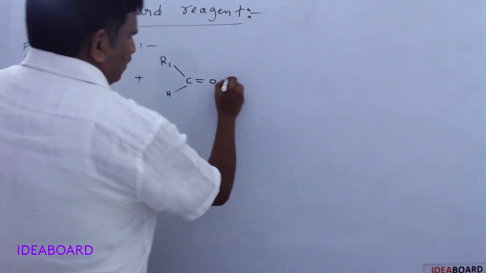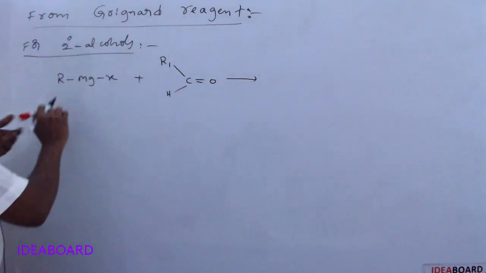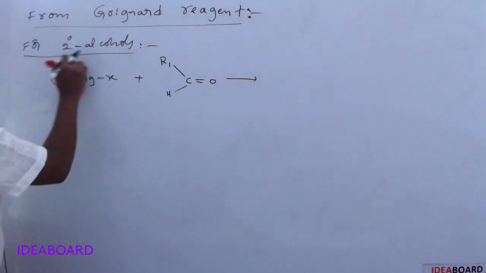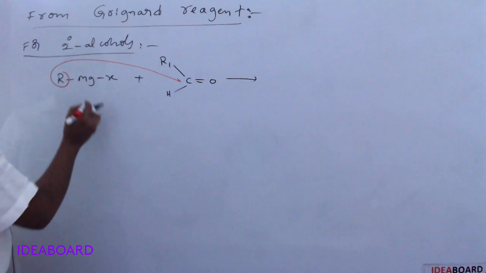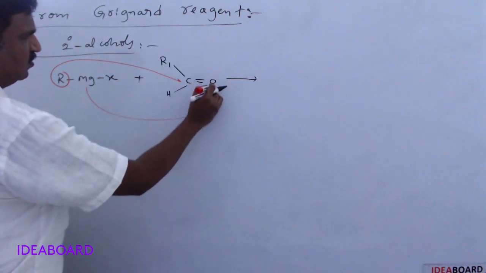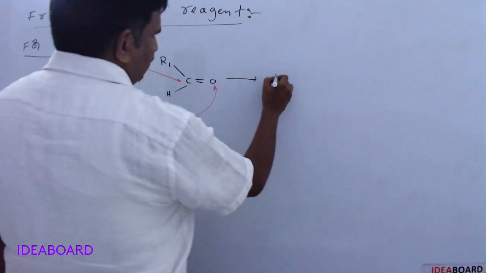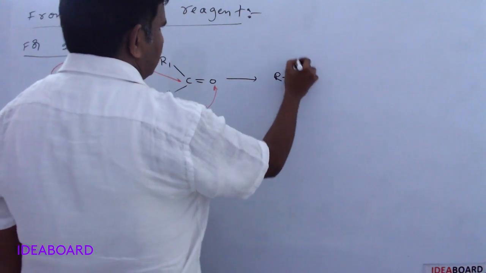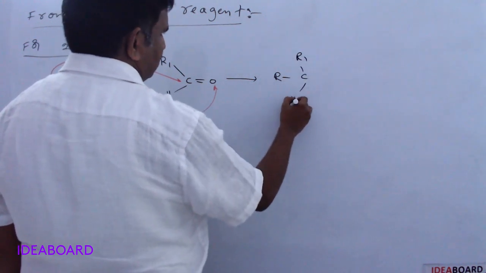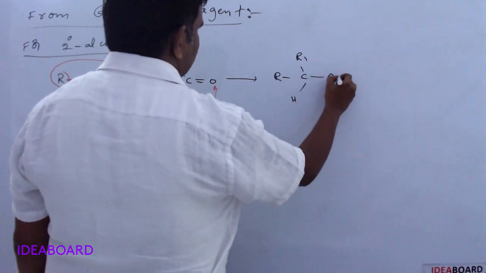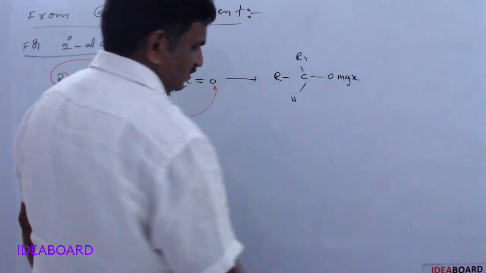Okay, now what happens? Again same process. The alkyl group attacks on the carbonyl carbon and the magnesium attacks on the oxygen. So we are getting R, C, R dash, H and O, Mg, X.